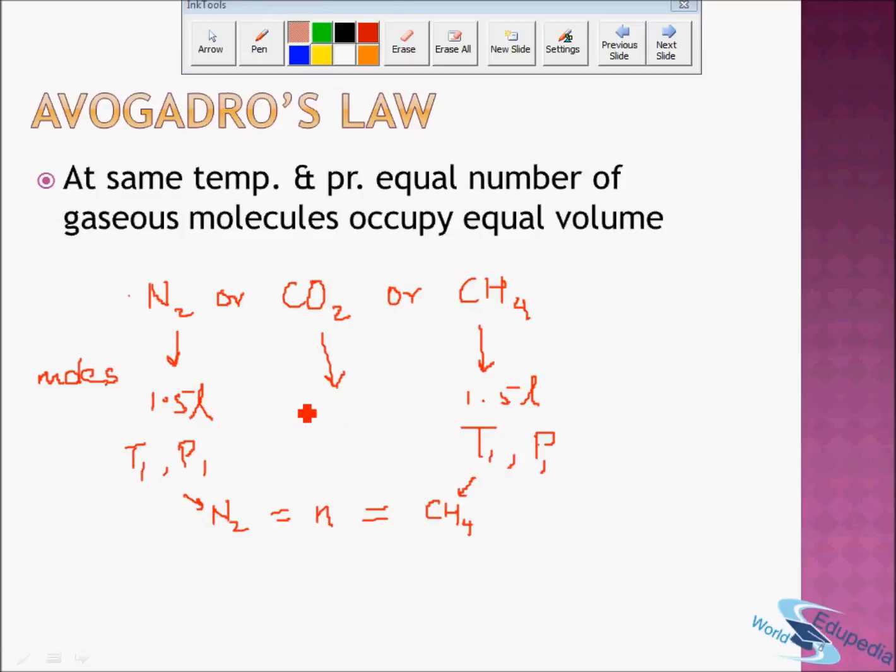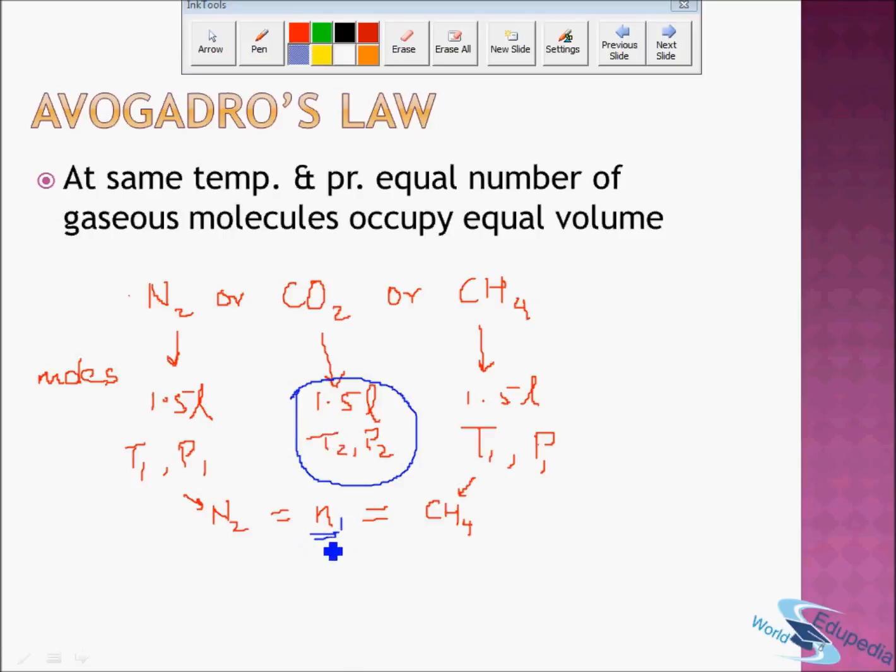Let's say again I have CO2 coming from the exhaust of my car, and that CO2 measures 1.5 liter but at a different temperature and pressure, say T2 and P2. This time temperature and pressure are different. So if I have changed the temperature and pressure, it means that the number of molecules of CO2 or moles of CO2 are definitely, not maybe, but definitely going to be different from this.